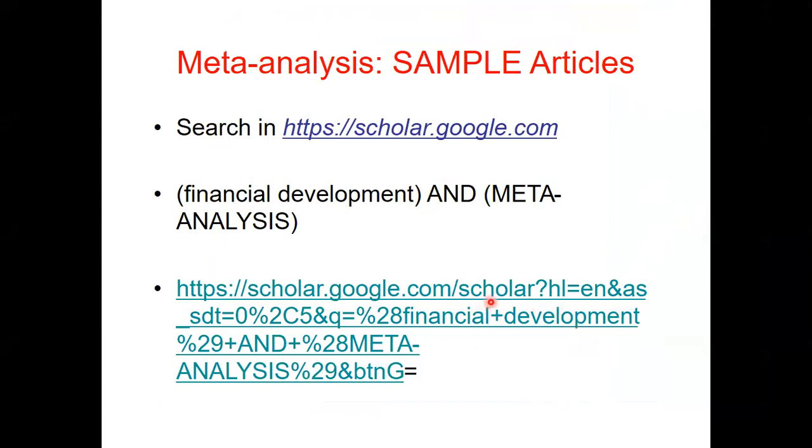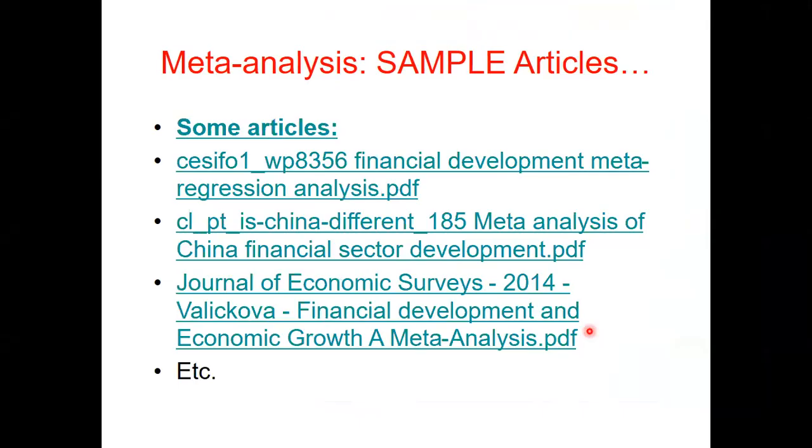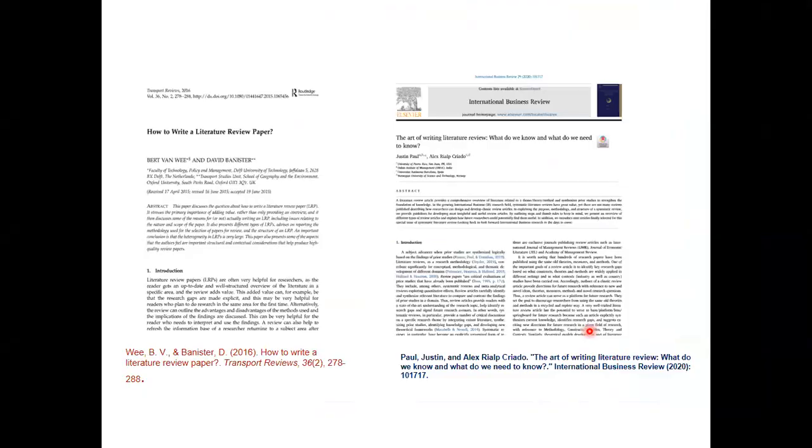I've attached here some sample articles which you can go through. All right. These are some articles that are using meta-analysis. Of course, these are some articles which I will share with you later. Okay, and these are some references.